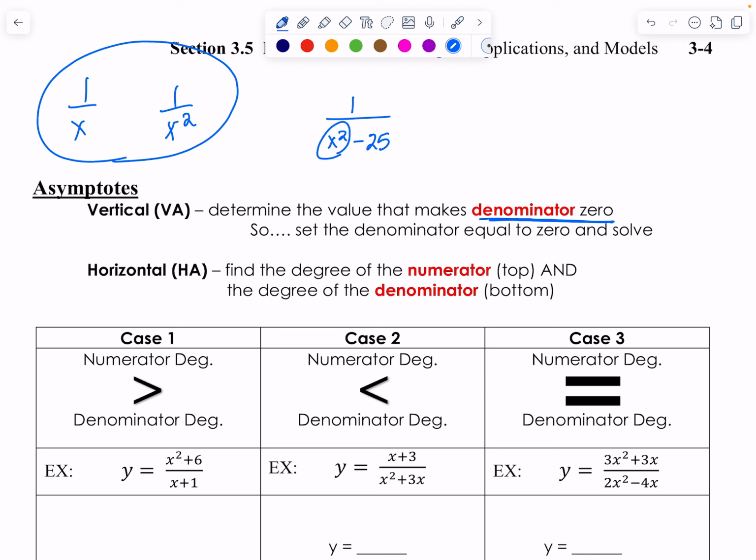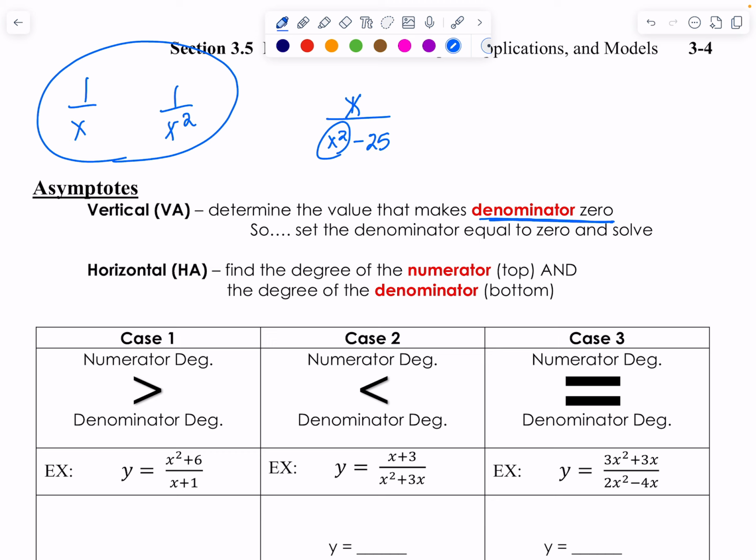Therefore, I would have 2 vertical asymptotes. My horizontal asymptote, notice so far it's always been at y equals 0 unless we had shifted that graph down. But when we have x's on top and x's on the bottom, my horizontal asymptote is going to change.